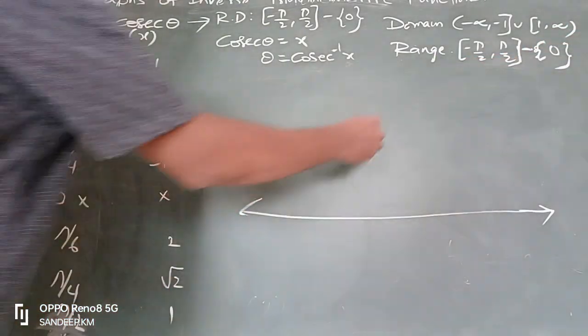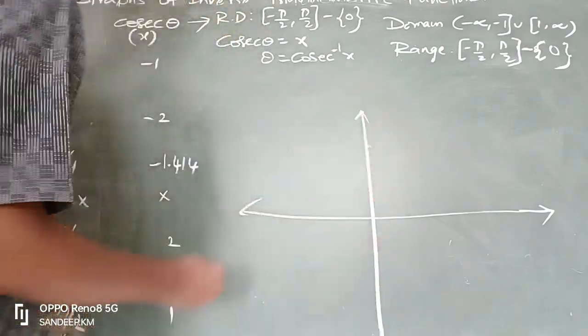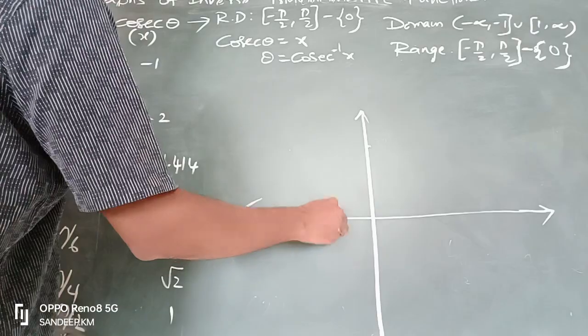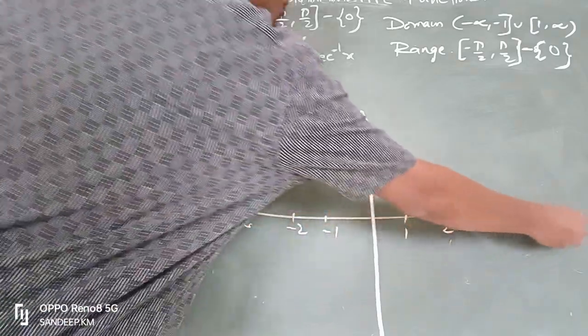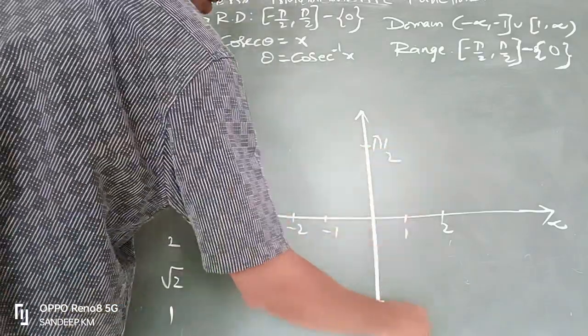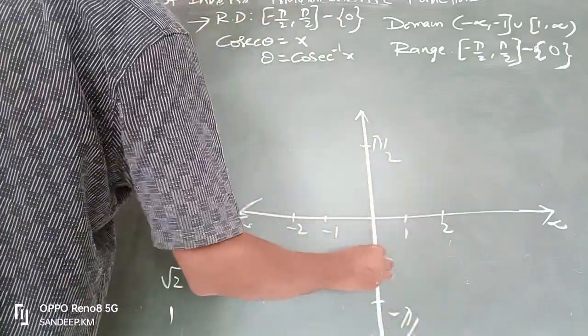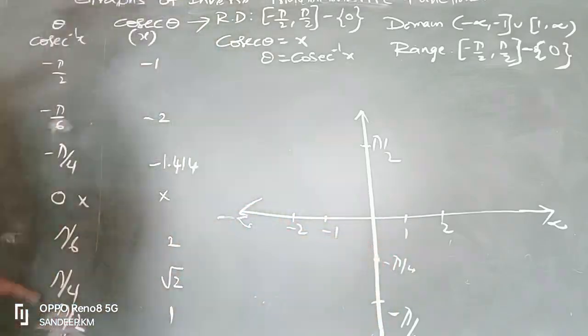So anyhow, minus infinity, this is minus 1, minus 2, plus 1, plus 2, plus infinity, pi by 2, minus pi by 2, this is minus pi by 4, and we are taking which one?